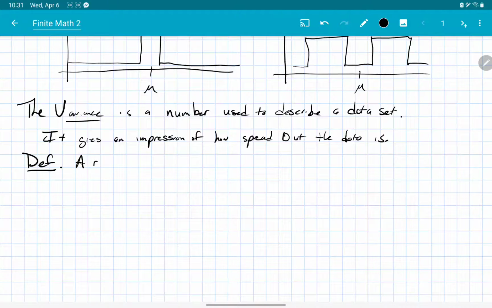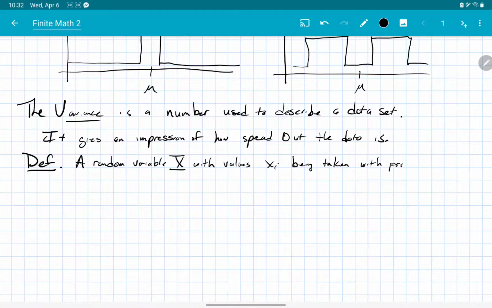If you have a random variable x, with values xi being taken with probability pi and mean mu, the variance is as follows.